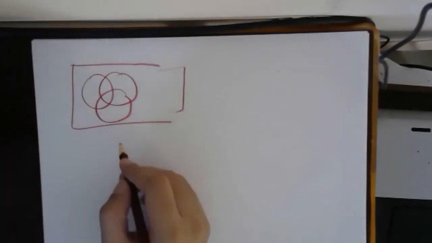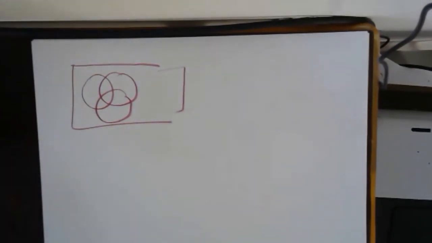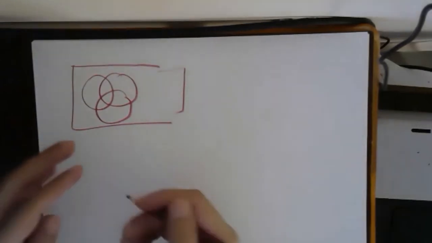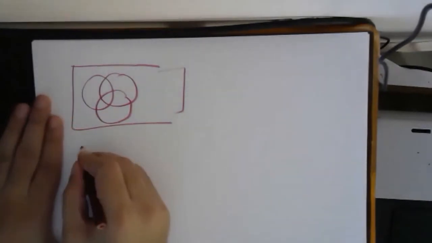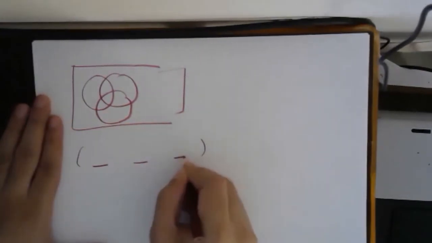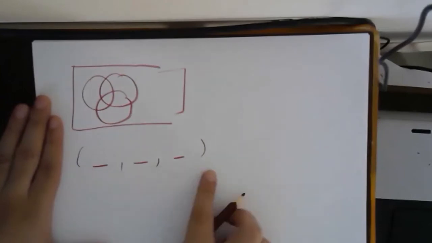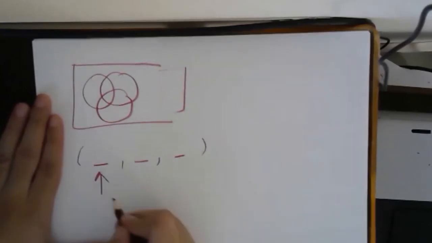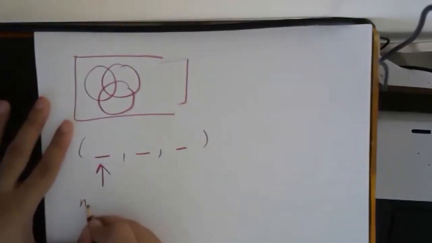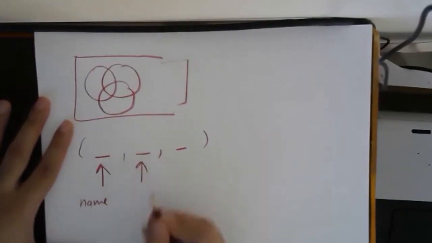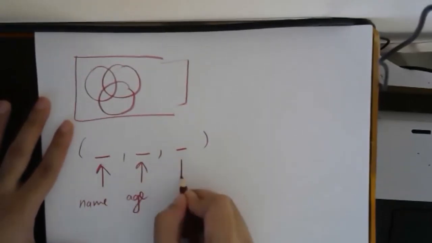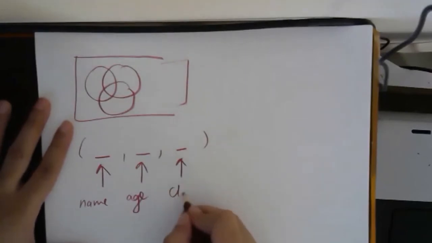So the next thing is, now we have seen what ordered pairs are. An ordered pair can be between 2, between 3, and between 4. A very crude example: I have kept 3 spaces. In the first blank, I will write name. In the second blank, I will write age, and in the third, I will write class.